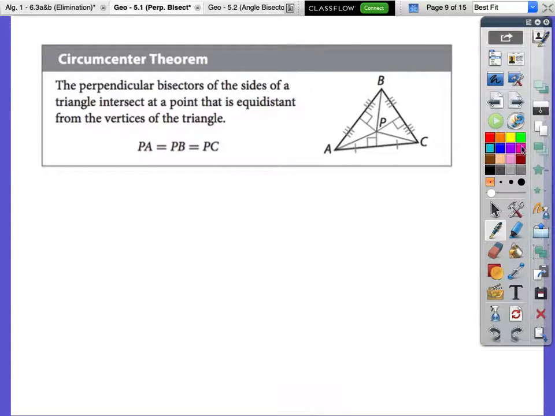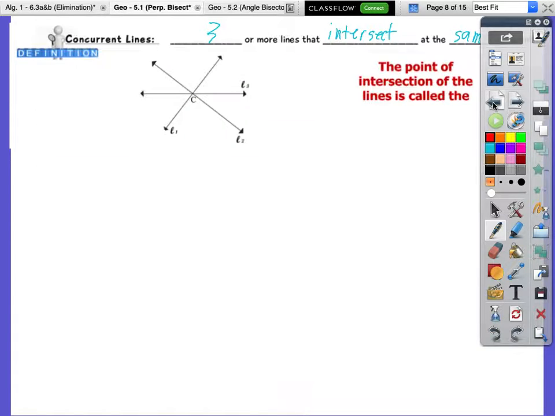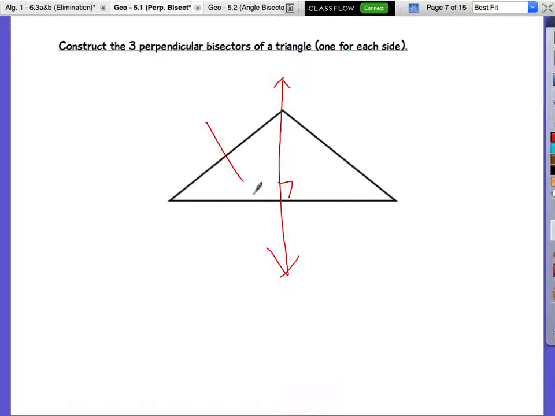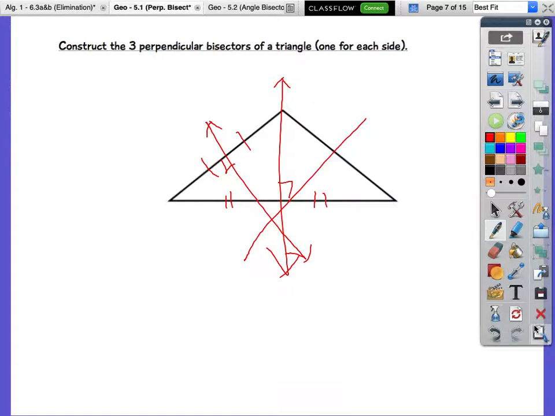Okay, so let's talk about this real quick again, the circumcenter theorem. So if we have a point of concurrency, after we did this, we went through and found our perpendicular bisectors for each of these, and we actually constructed them.